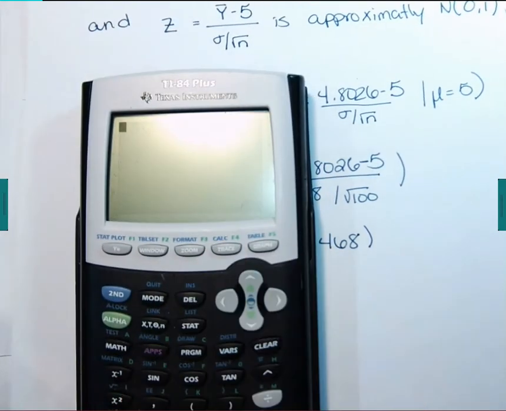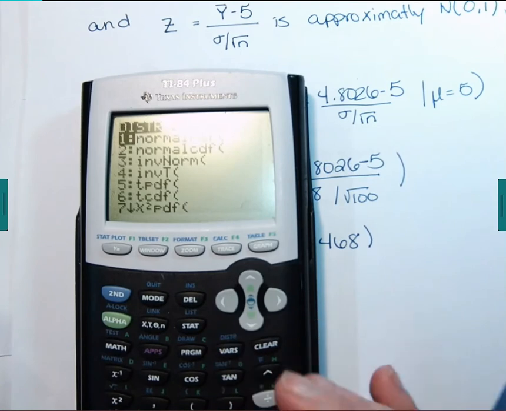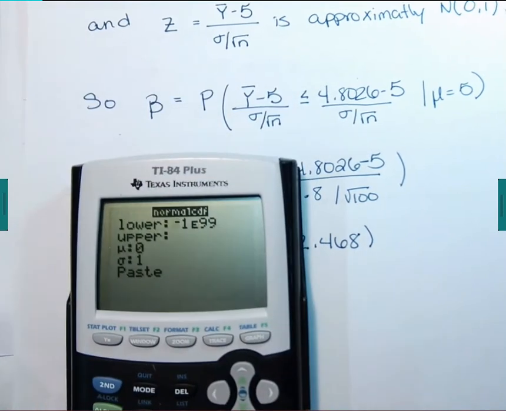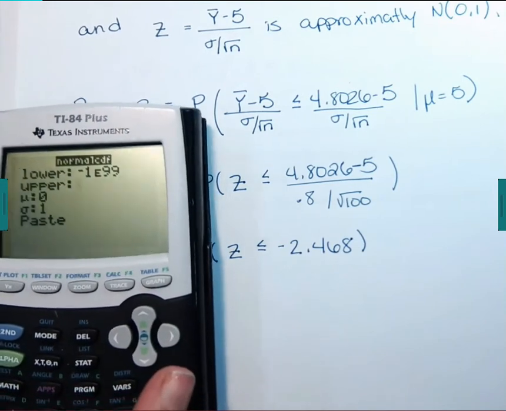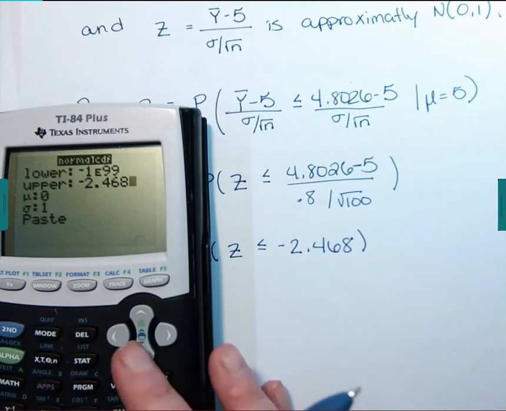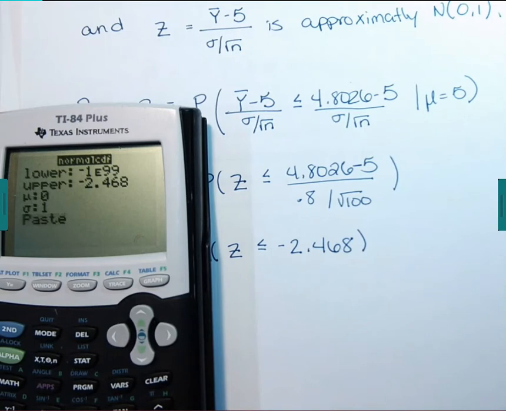So to find that on your calculator, we're going to go to second distribution. We're going to go to normal CDF. We want to get the value all the way from the left tail up to the endpoint. So here I have in basically negative infinity. My upper bound is going to be negative 2.468, and mu will be equal to 0 and sigma is equal to 1, again because I'm working with the standard normal here.